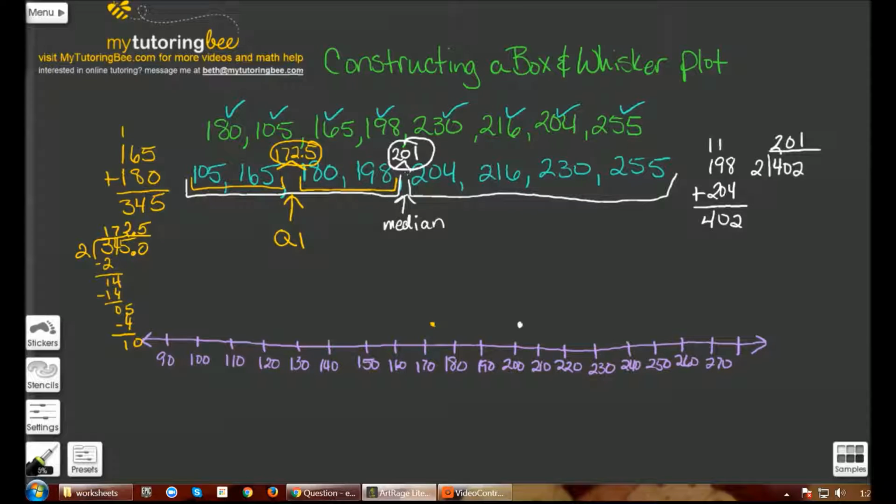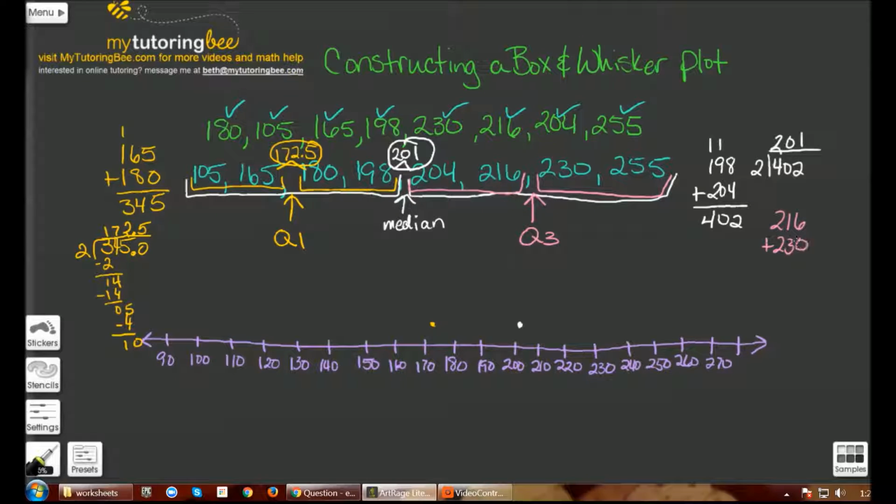Okay, so let's talk about our third quartile. Again, we have 4 numbers in the last half, and we need to find the median. So here's 2 on the left, 2 on the right, and that means our median is right here in between 216 and 230. So I need to find the average, or the mean, between these two numbers again.